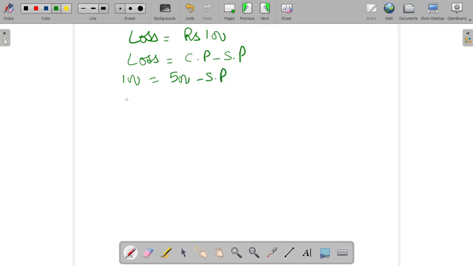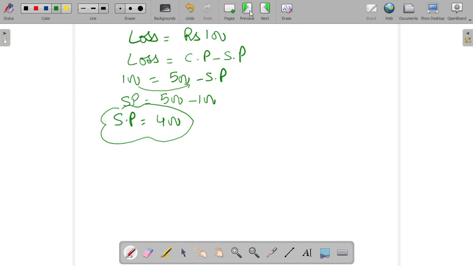Now shift the term. SP equals 500 minus 100. This 100 will be shifted here and SP will be shifted on this side. So SP will be 400. So according to the question, the selling price of 400 mangoes is rupees 400.